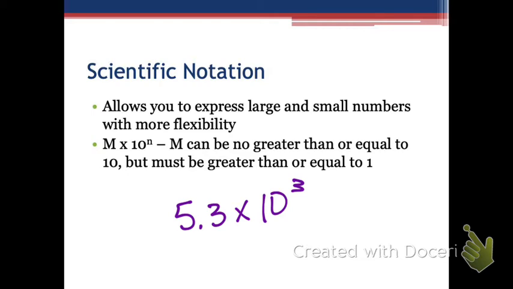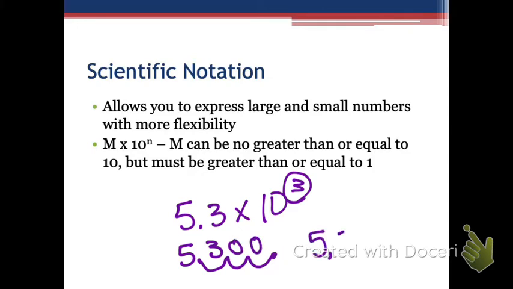In fact, here's where it is in scientific notation. This positive 3 means I need to move the decimal place 3 places to make my number bigger. So I'm trying to represent the number 5,300. Right? Does that make sense how that works? Okay. This positive exponent tells me that my original number is supposed to be bigger than 10.